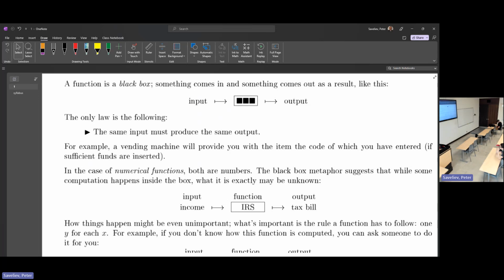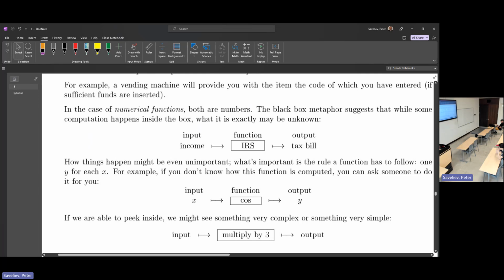But if you have ever seen the brochure on how to fill out your taxes, it is never one formula. It is step by step: subtract that and that, multiply and so on. There is no single formula.